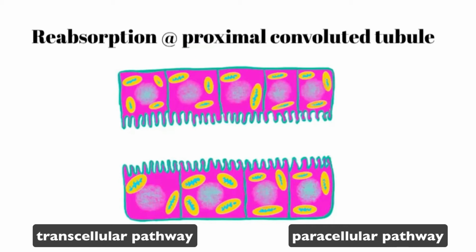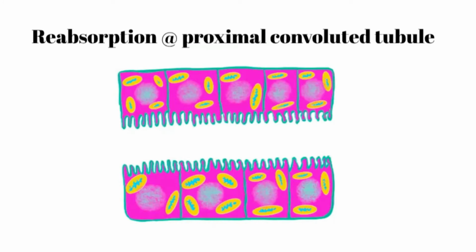And one thing I do want to say is that while there's a great amount of reabsorption that happens in the proximal convoluted tubule, there is still some secretion that happens. And to be clear, secretion is movement from the bloodstream, let's say from the peritubular capillary, into the lumen.